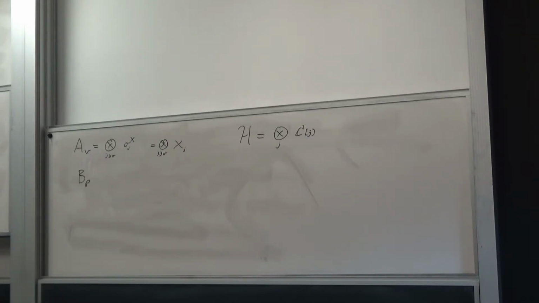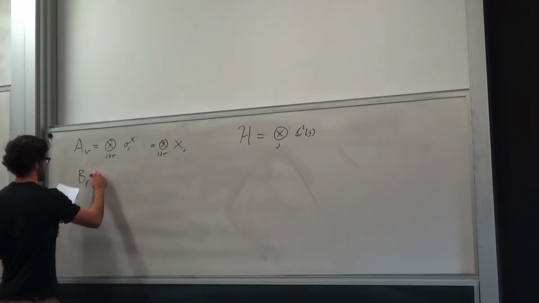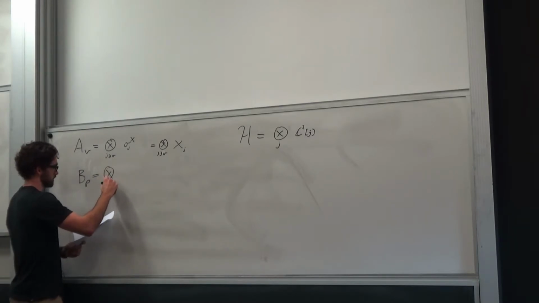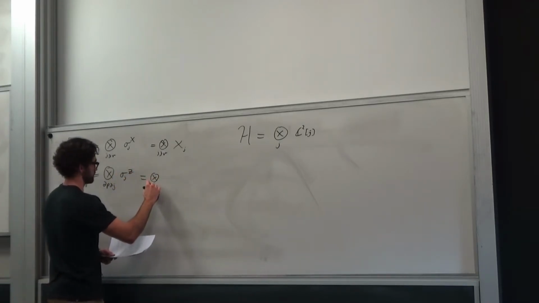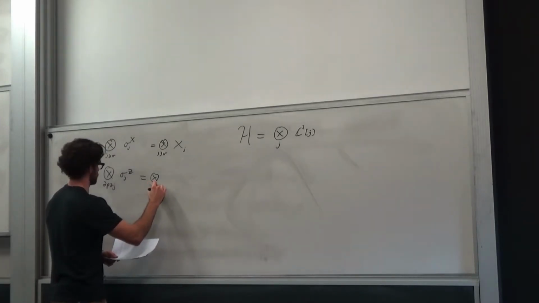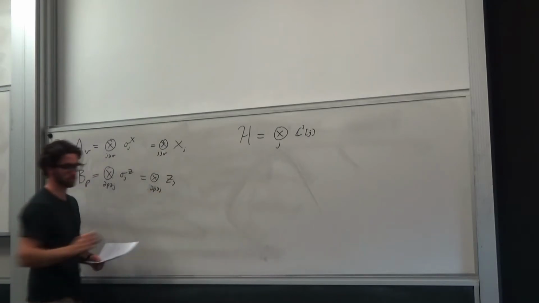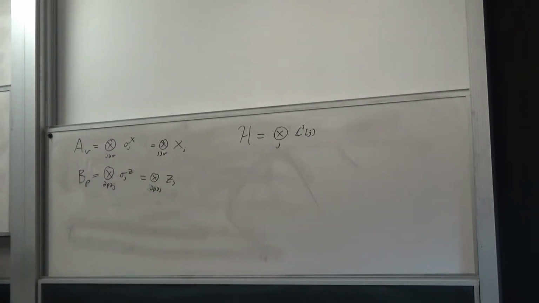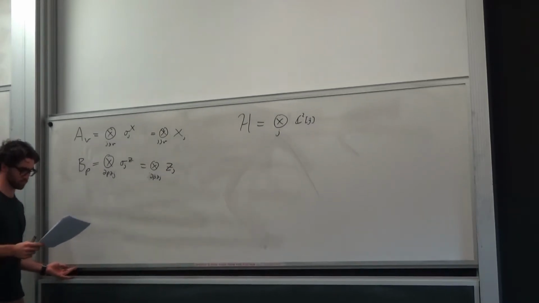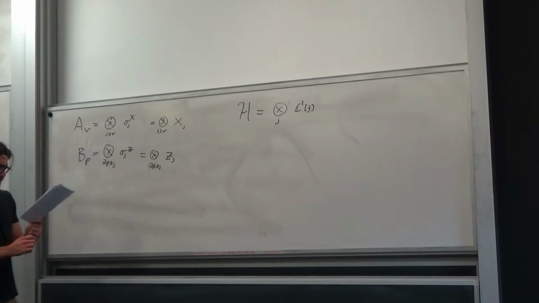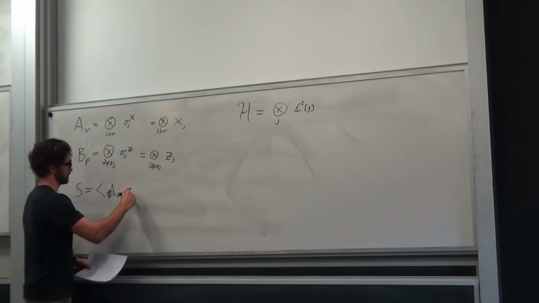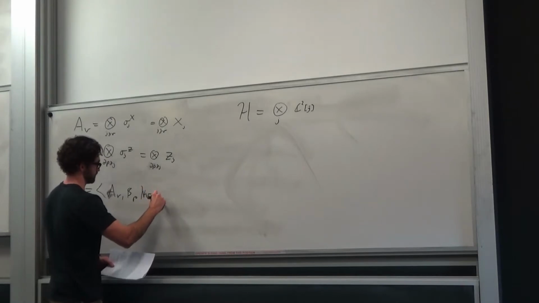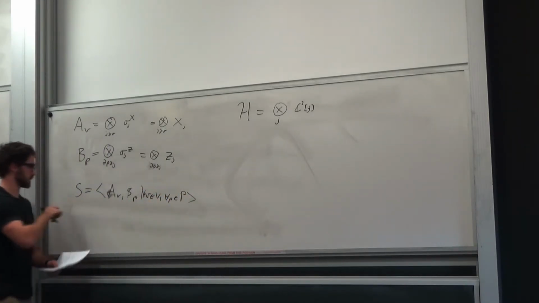Similarly, we have the plaquette operators, which are Z operations around a plaquette, just the boundary of the plaquette. So this is our stabilizer group.